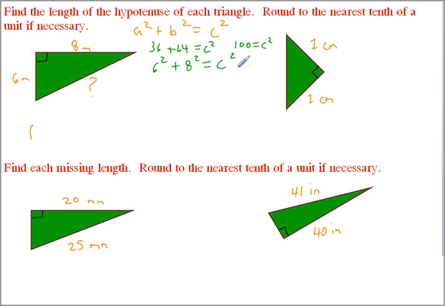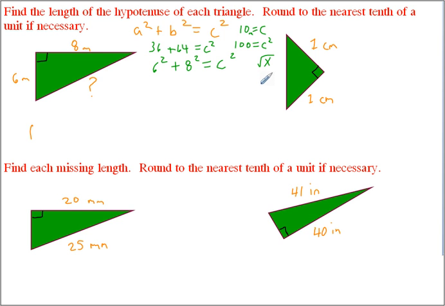Don't do that, because that's the answer for c squared. So you need to hit the square root button on your calculator. Although you should be able to figure out that the square root of 100 is just 10, because 10 times 10 is 100. And remember, you have to add the meters, because it's meters.